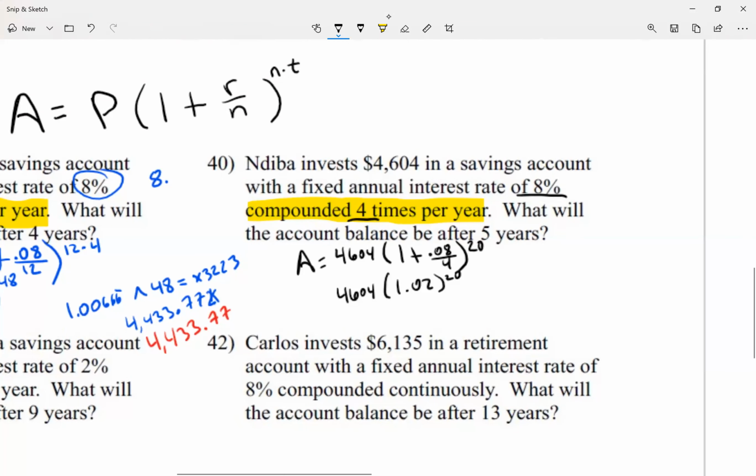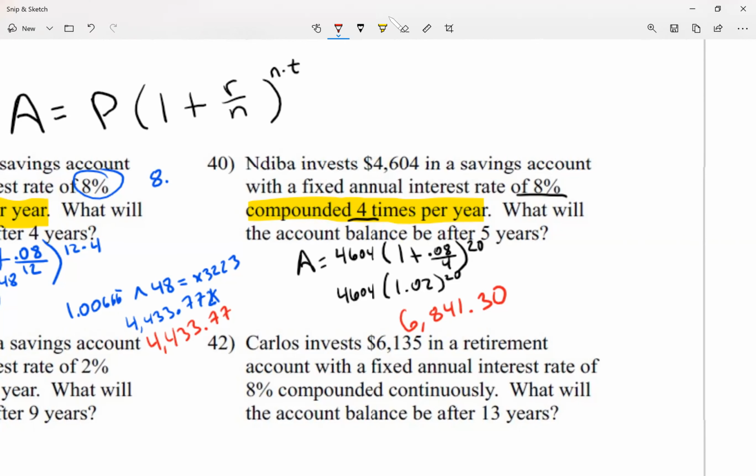And then to the 20. So I have to do to the 20th times 4,604. I'm going to round it to 2 decimal places. So my answer should be 6,841.30. When we deal with money, we always round it to 2 decimal places.